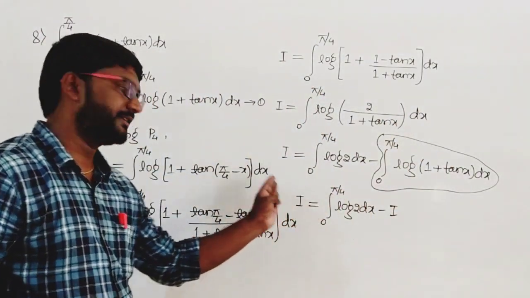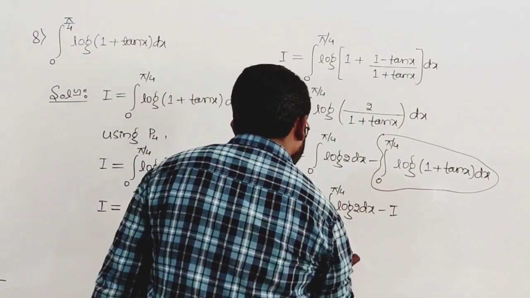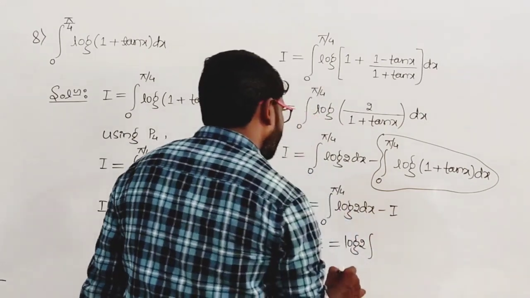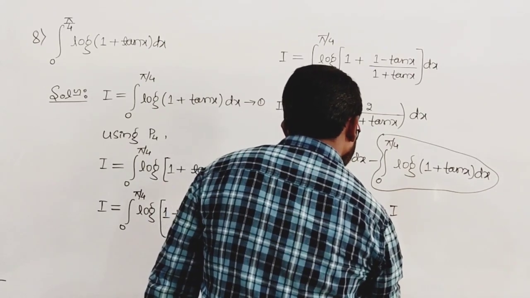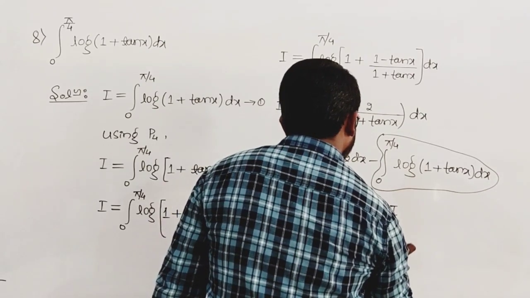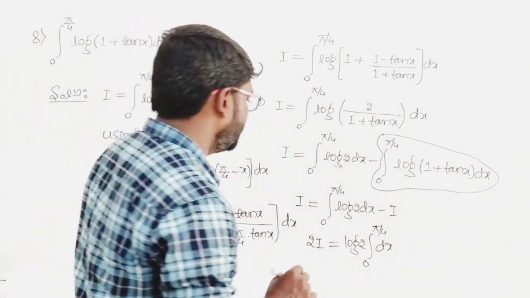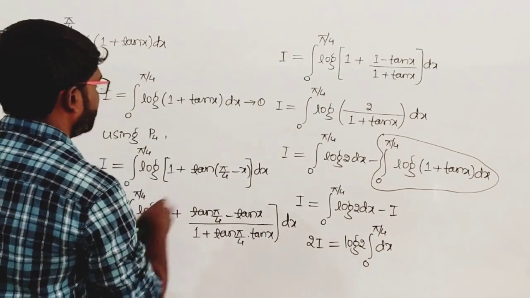Take minus I to the LHS, it becomes plus I. I plus I will be 2I. 2I is equal to log 2 is a constant, write it outside. Then integral 0 to pi by 4 dx. Now see here, since we don't have much space, I'll rub this off.